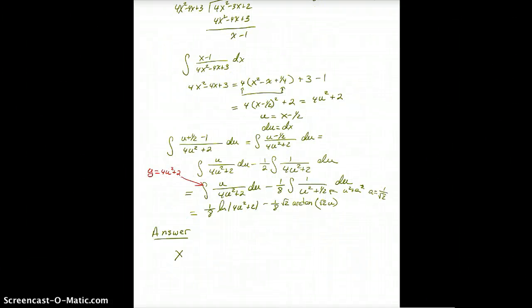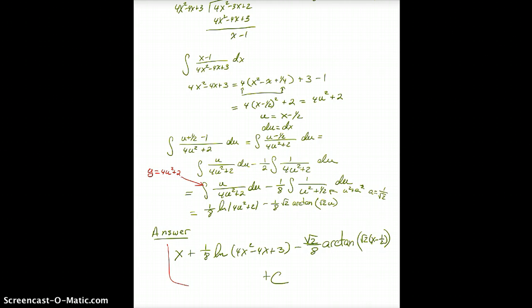So I'm going to get x plus 1/8 natural log of 4u squared plus 2, but that's in terms of x, that's 4x squared minus 4x plus 3, minus square root of 2 over 8 arctan of square root of 2 u, and u was x minus a half, so square root of 2 times (x minus a half), plus C. So there's our answer right there.